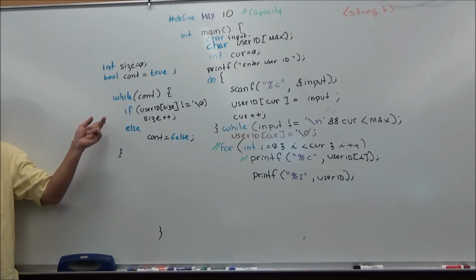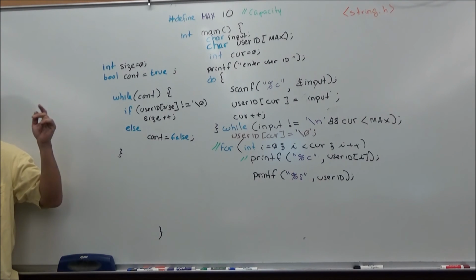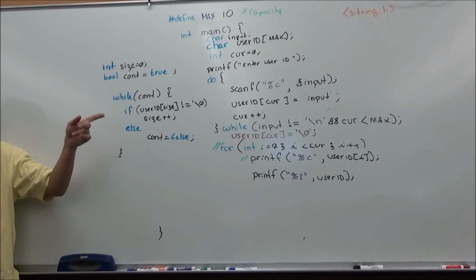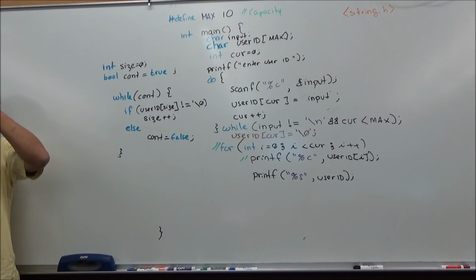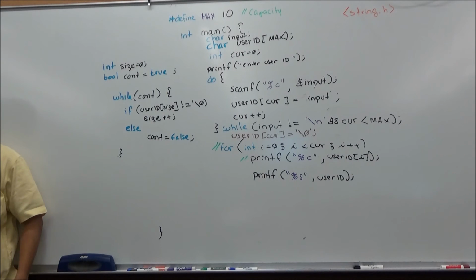This one? The one prior, the do while? Do while, okay. Or would be printing the user's input. Print user ID and then print this user ID too.